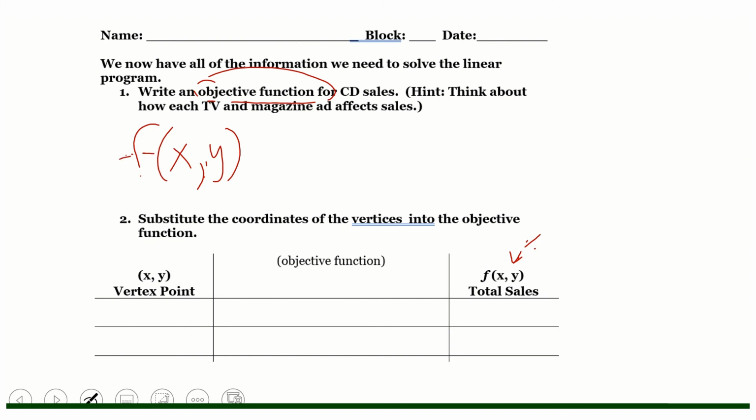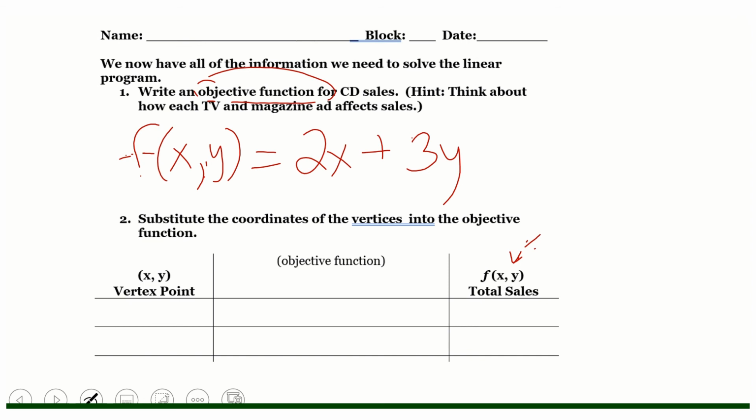So the function depends on both x and y, both the TV and the magazine ads that you're buying. And your function is going to look something like this, 2x plus 3y. Okay, it's going to look something like that, not with a 2 and a 3.